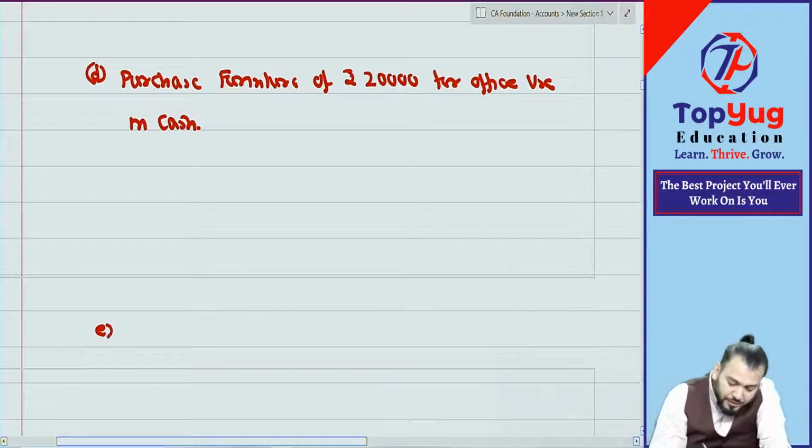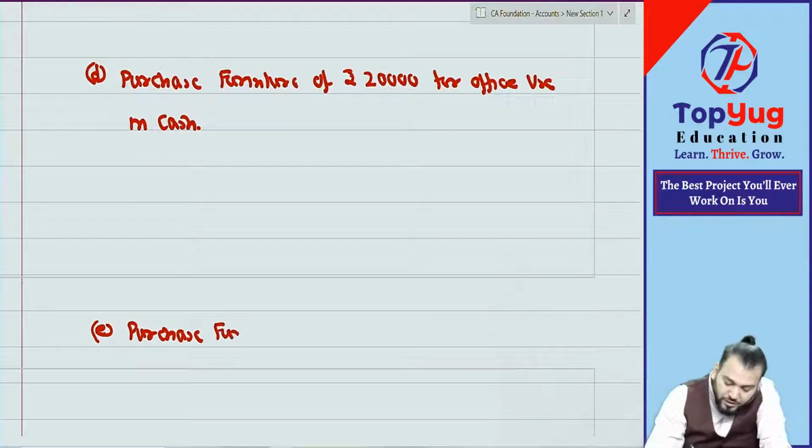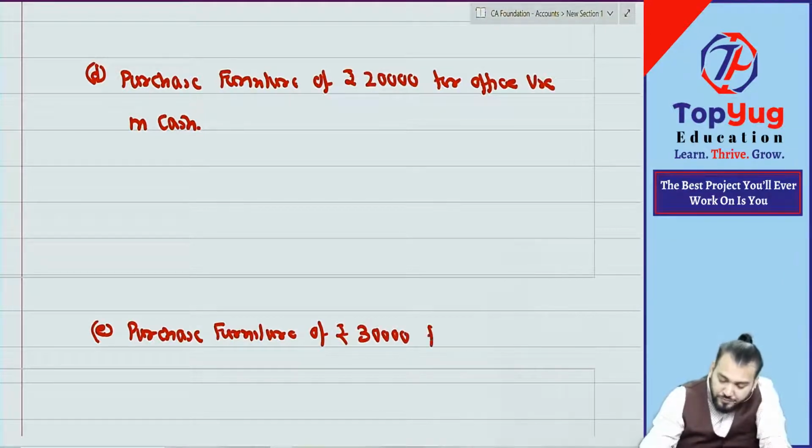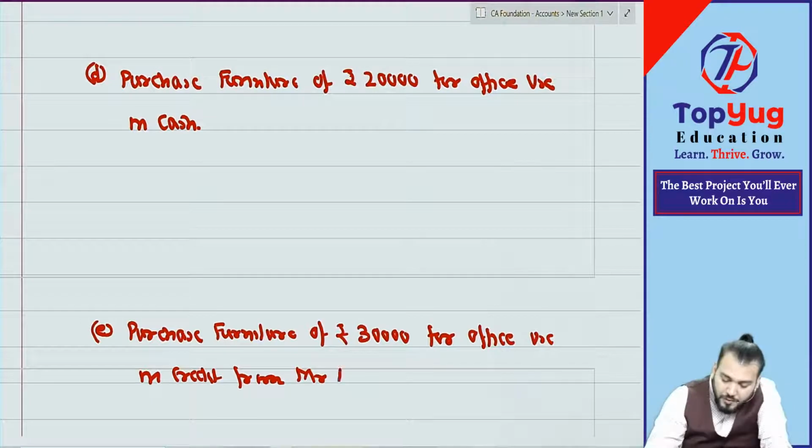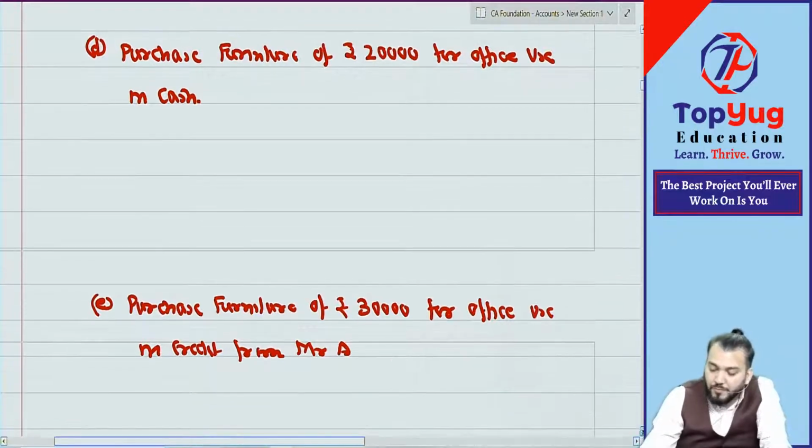Then point number E. Purchase furniture of rupees 30,000 for office use in credit from Mr. A.